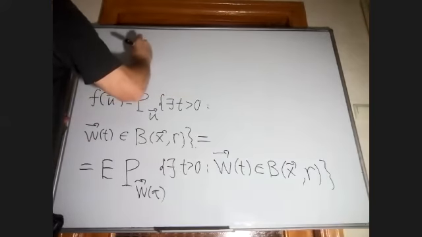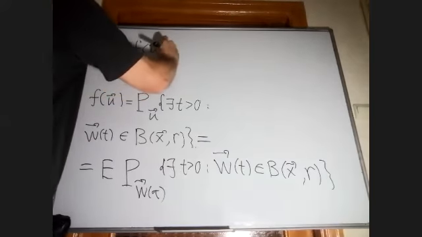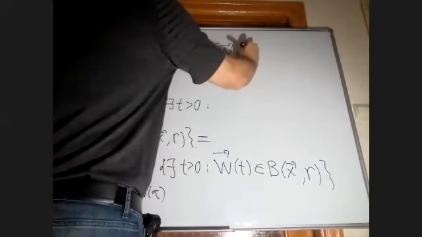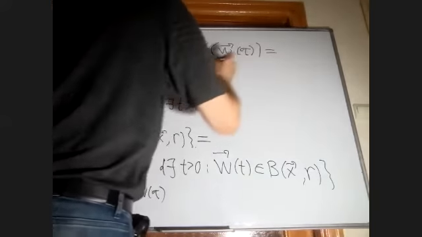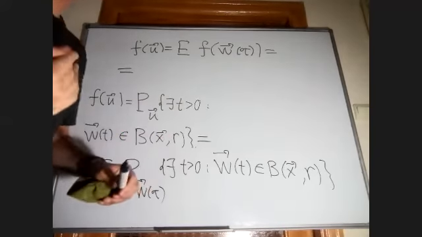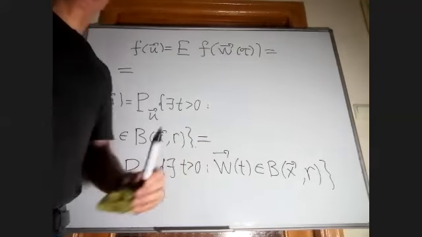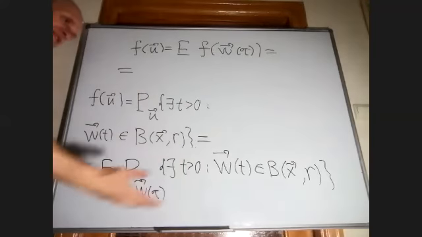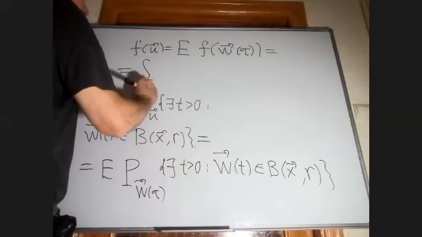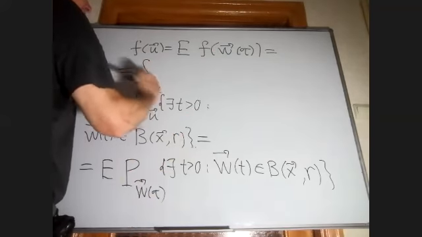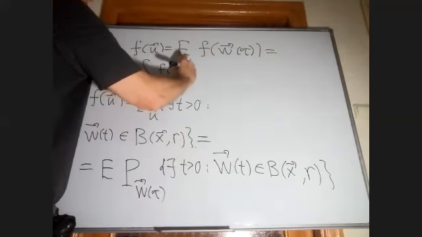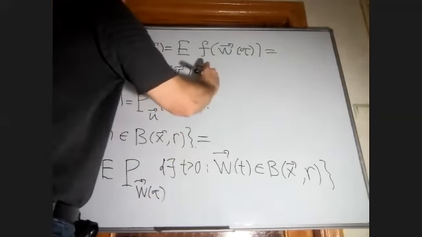F of u is just the expectation of f of W tau, and you remember that we just proved that W tau has a uniform distribution on the sphere. So this is the integral with respect to sigma_r of f of v.